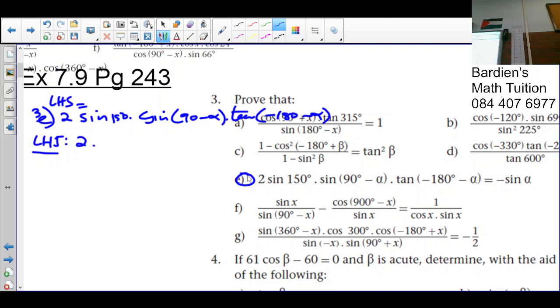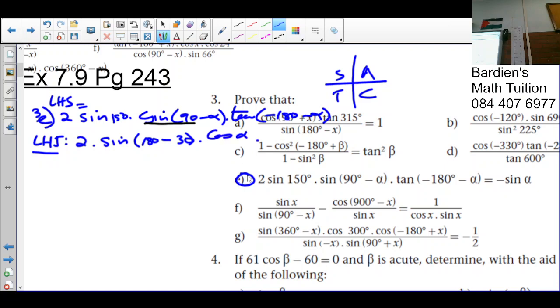Sine of 150, which quadrant is that in? All Stations To Claremont. Sine of 150 is in the second quadrant. How do we get in the second quadrant? 180 minus 30, times sine of 90 minus alpha. What does that remind you of? Cofunction. 90 minus in which quadrant? First quadrant. Sign positive or negative? Positive. Changes to cos. Cos alpha, times tan of negative 180.